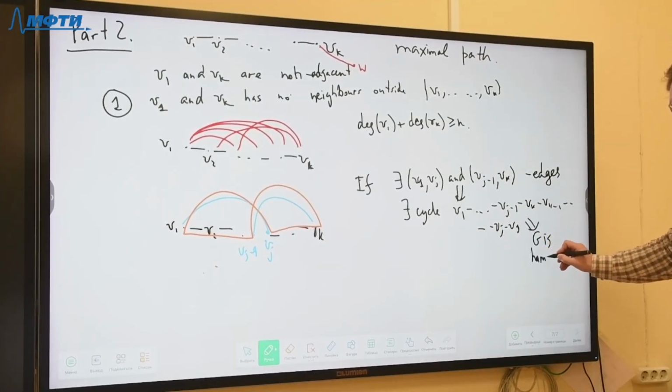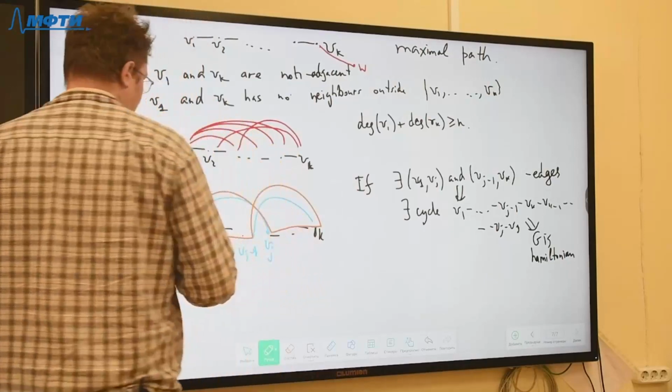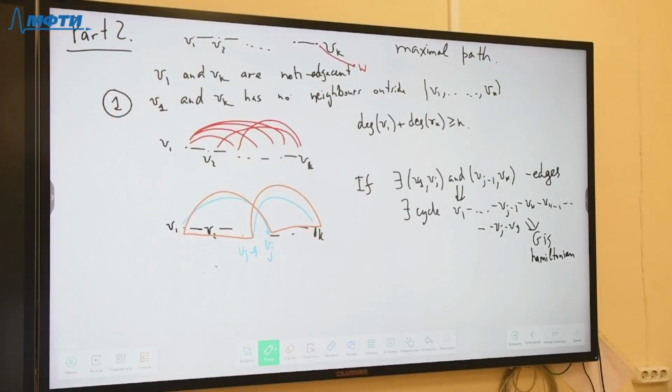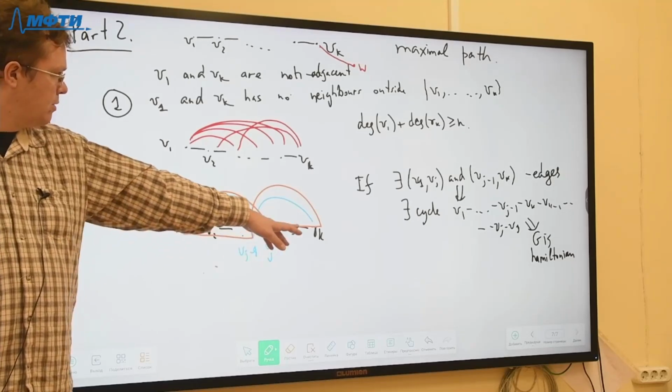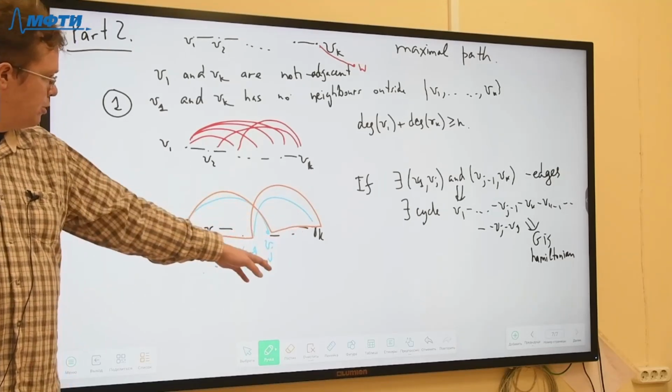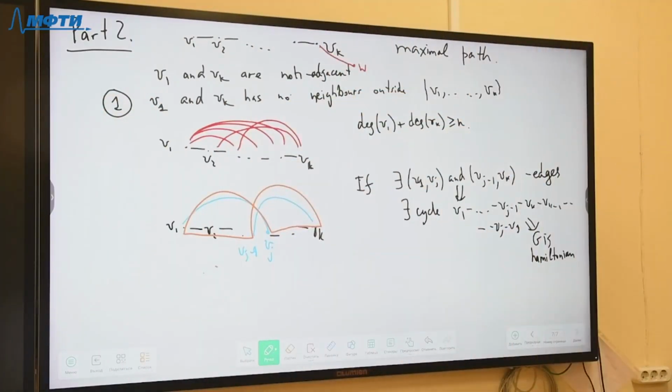And so graph G will be Hamiltonian. So all we need to do is prove that we can find some j such that v_{j-1} with v_k and v_1 with v_j will be edges. So we have edges of v_1 with v_j and v_{j-1} with v_k.